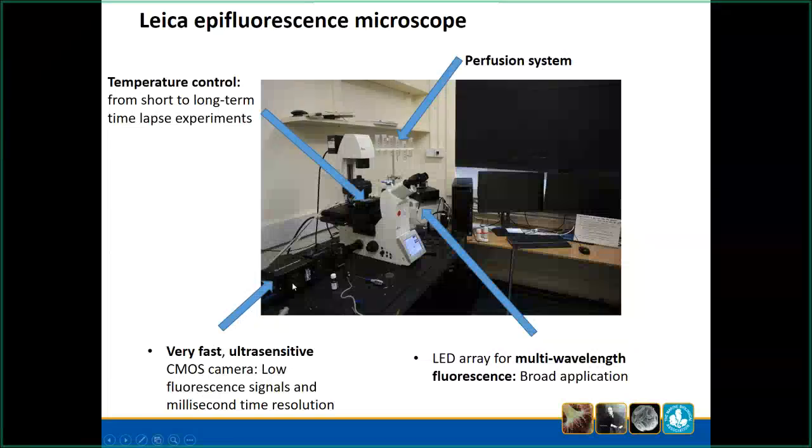In particular, it's equipped with a very fast, ultra-sensitive CMOS camera. This enables very low fluorescent signals to be measured with millisecond time resolution. And it's also equipped with an LED array for multi-wavelength fluorescence excitation, which gives it a very broad application. So I'm going to just show you 1 or 2 examples of how we use this microscope.